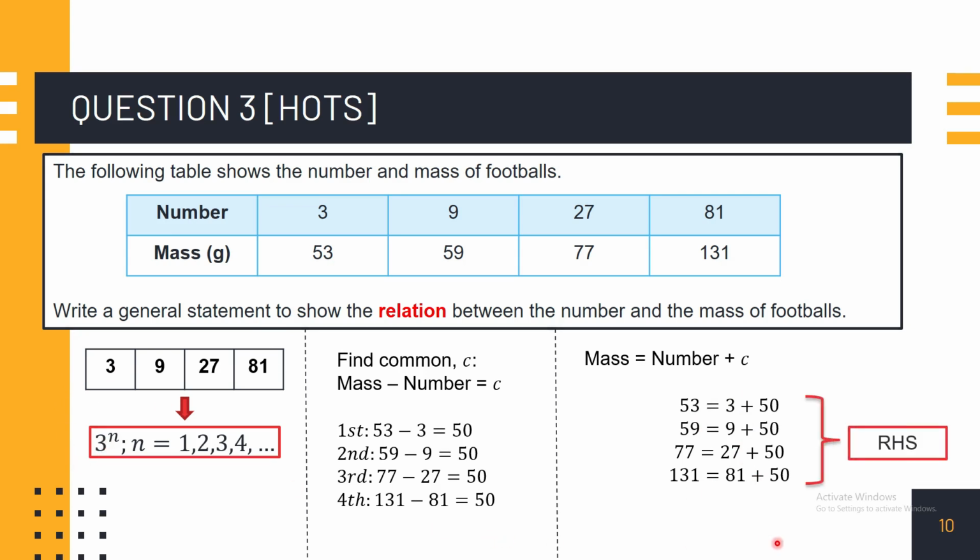So for the final answer, we always take a look at the right hand side. Therefore, 3 power of n plus 50, where n equals 1, 2, 3, 4 and so on. This is the final answer.